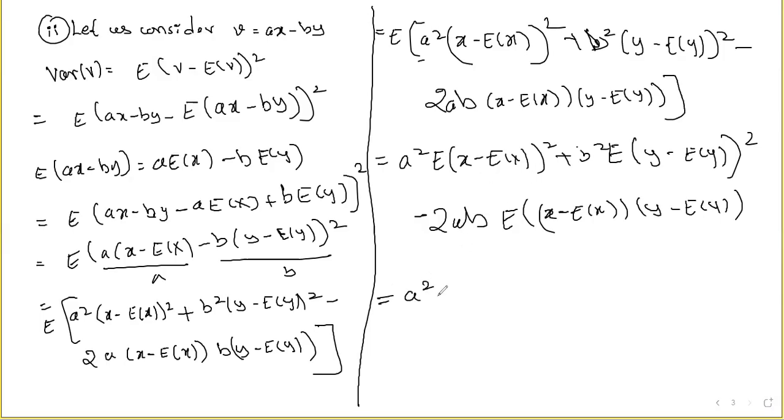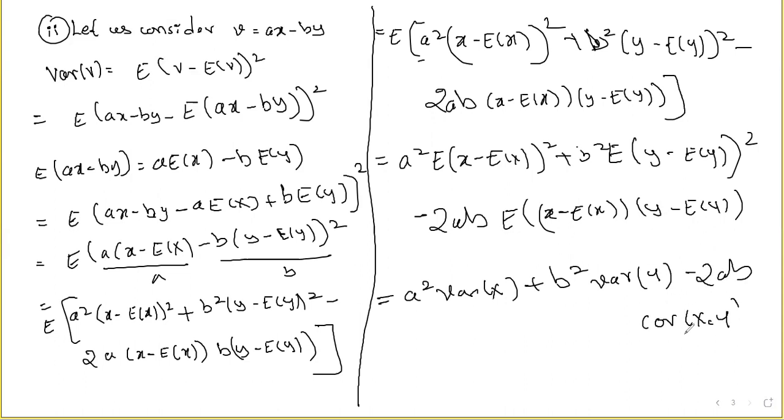A square, this is nothing but our variance of x definition. B square is equivalent to variance of y, minus 2ab, and this is equivalent to covariance between x and y, right?